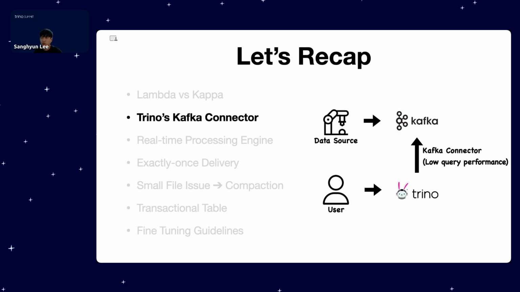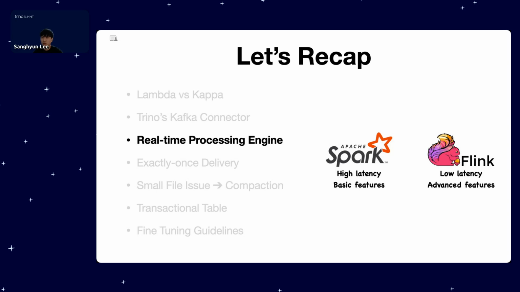Then we talked about Trino's Kafka connector, which can be used as a simple real-time data architecture, but we don't use it because it only provides low query performance. Next, we compared two most popular real-time processing engines, Spark and Flink. And we chose Flink because we needed low latency and advanced streaming features.